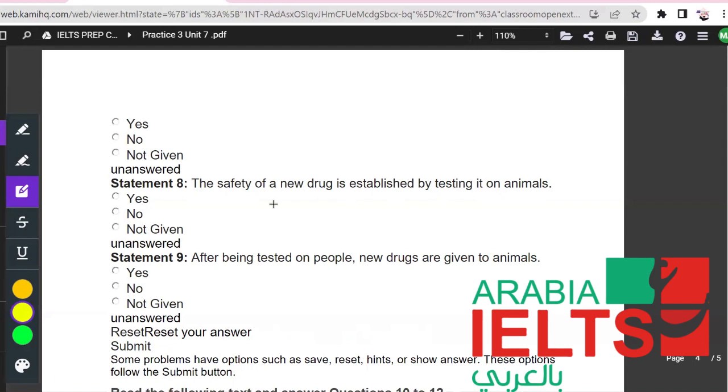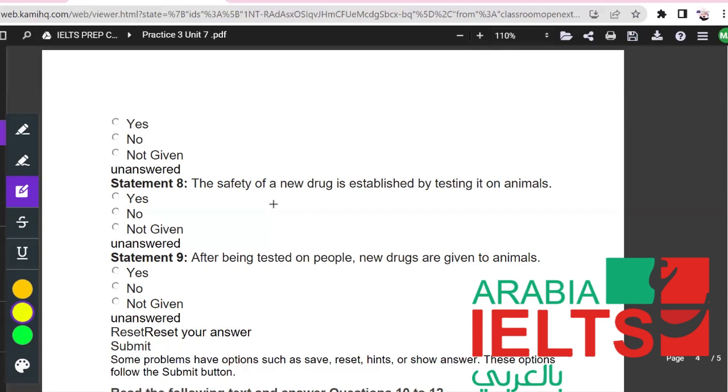So it says basically it agrees with the opinion. As drugs are tested first, scientists find out if they are safe. So they test first on animals, and this is how they do it. After being tested on people, new drugs are given to animals.